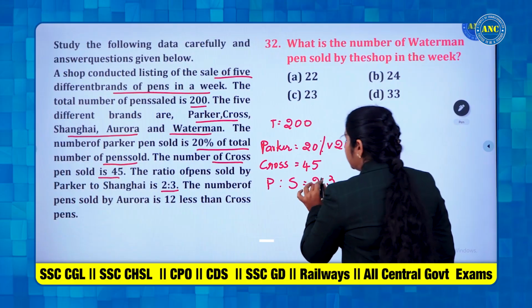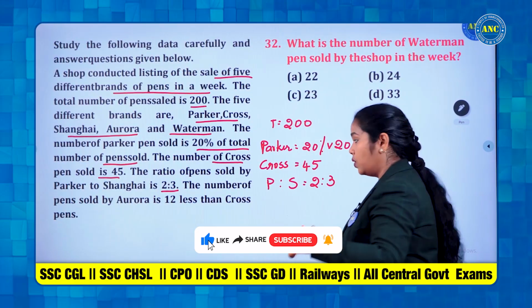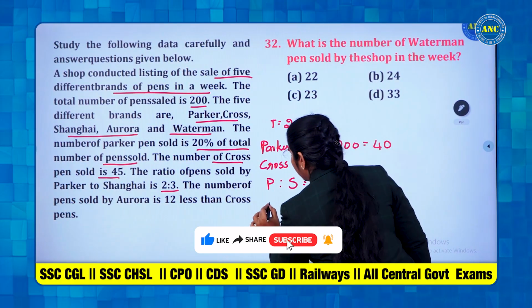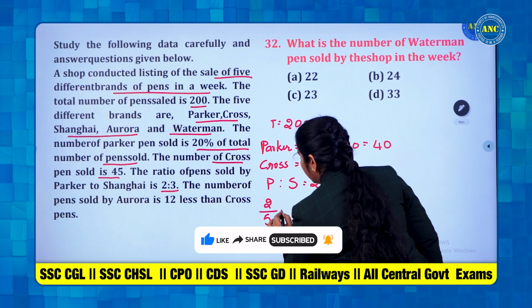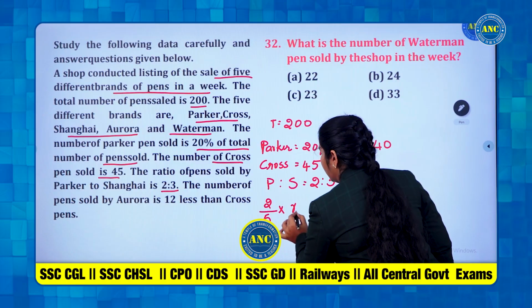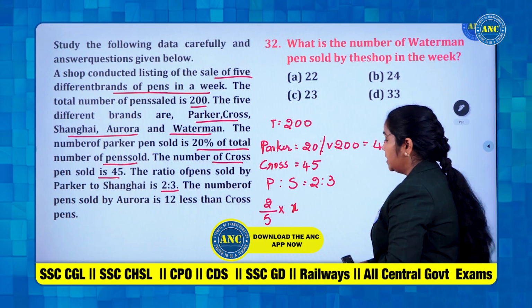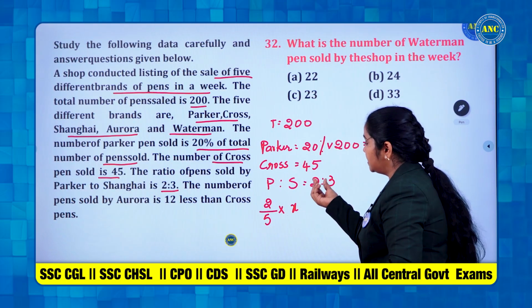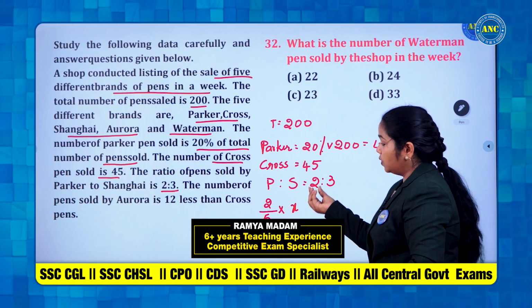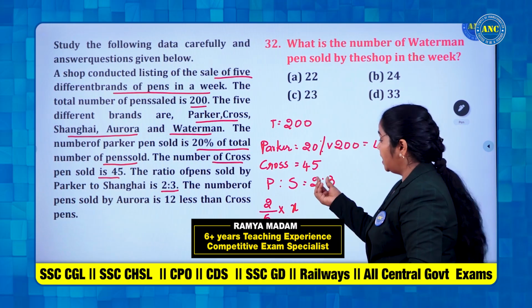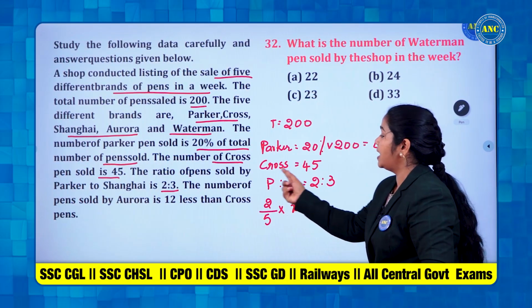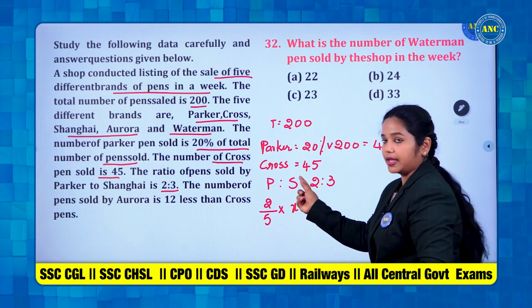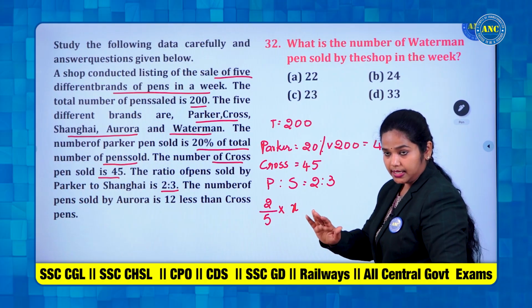So if you have to take the value out, what is the value of Parker? 2 by 2 plus 3, which is 5, into the total value. The ratio of Parker is 2. So the portion of Parker is 2 by 5 into the total number of pens of Parker and Shanghai.